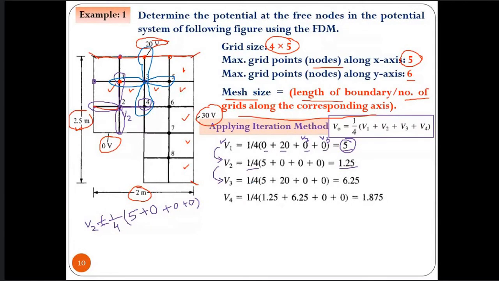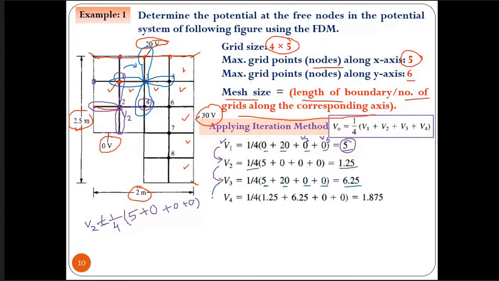Then it is easy to write down the equation, 1 by 4 of V1. We have already calculated it as 5. Moving clockwise, the potential of the fixed node is 20. V5 and V4 are approximated as 0, so it becomes 6.25.